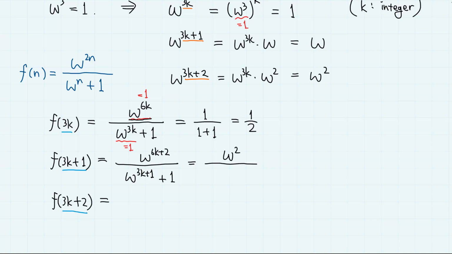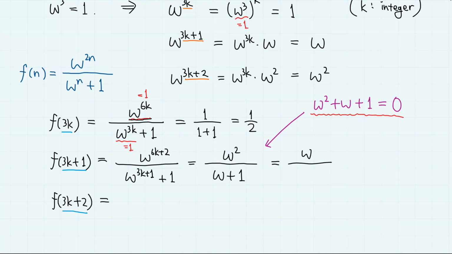And I have already explained that omega to the power of 3k plus 1 equals omega, so the denominator is omega plus 1. Here, remember that we also obtained the relation omega squared plus omega plus 1 equals 0. This means that the denominator, omega plus 1, is equal to minus omega squared. Therefore, we obtain negative 1.